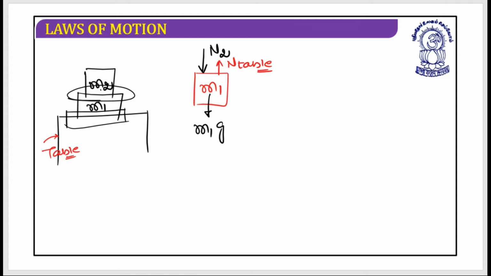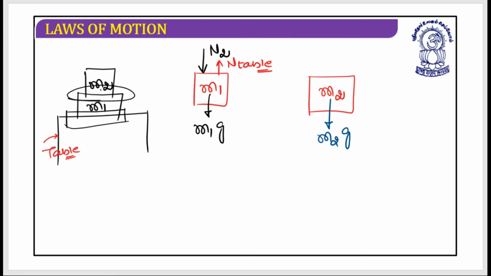Now let's plot the FBD of M2. So which are the forces that are acting on M2? One of the forces is M2G, it's a weight force. Next, M1 and M2 are in contact.